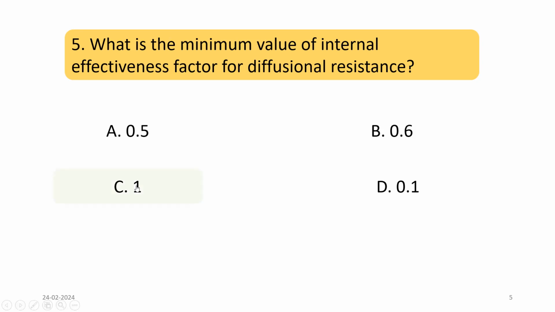So the answer is 1. For diffusional resistance, internal effectiveness factor is 1.